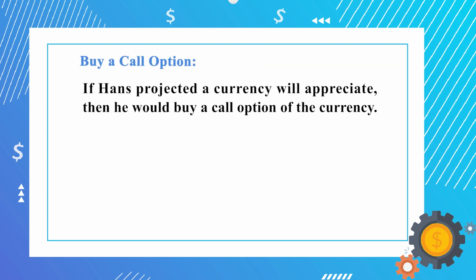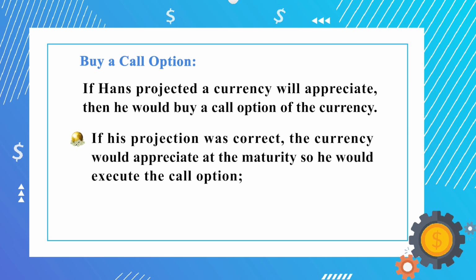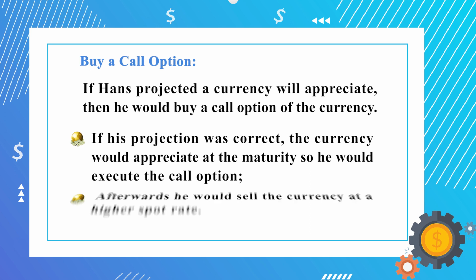If Hans projected a currency will appreciate, that's to say, he expected the currency's future spot rate will be higher than the strike price of the option, then he would buy a call option of the currency. If his projection was correct, the currency would appreciate at the maturity, so he would execute the call option.